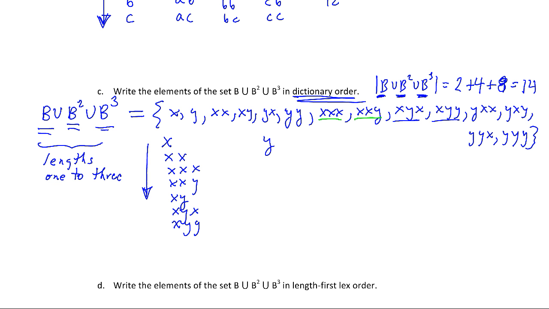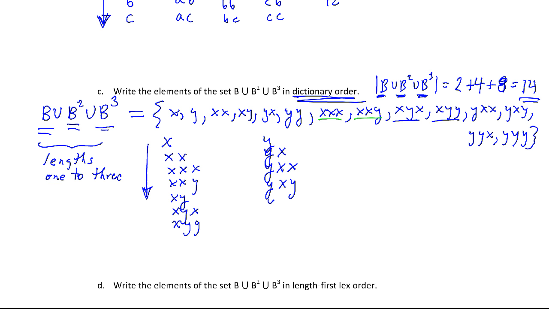I was hoping to get 7 X's and 7 Y's. So I'm going to follow the same pattern. YX comes next. It's not exactly the same pattern. Here I went from X to XX. No, X comes before Y, so I better go to YX. And then I go to YXX and YXY.